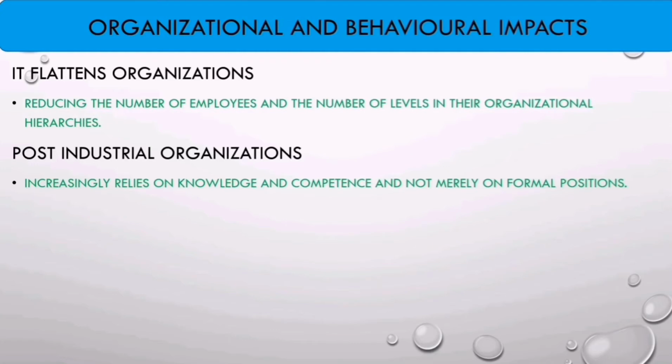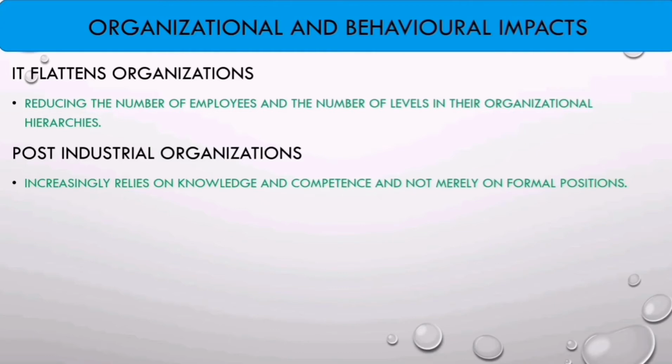On the organizational and behavioral impact, it can flatten the organization. Large bureaucratic organizations, which primarily developed before the computer age, are often inefficient, slow to change, and less competitive than newly created organizations.